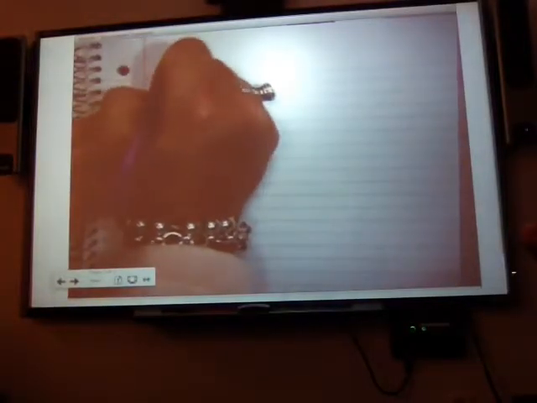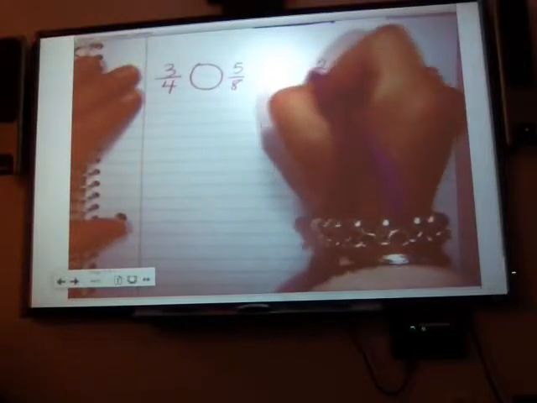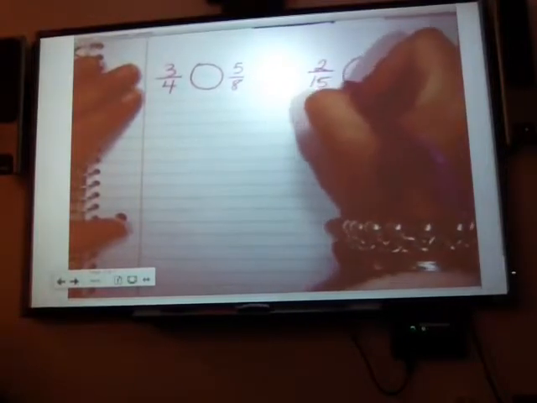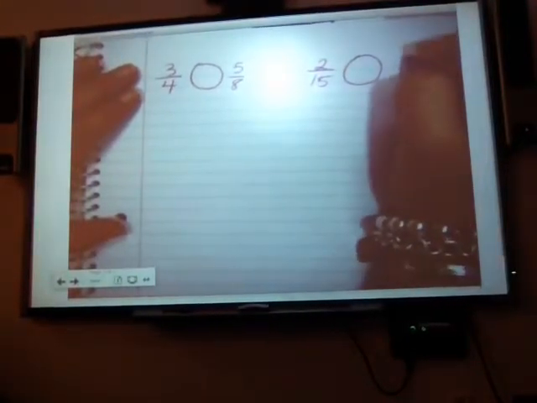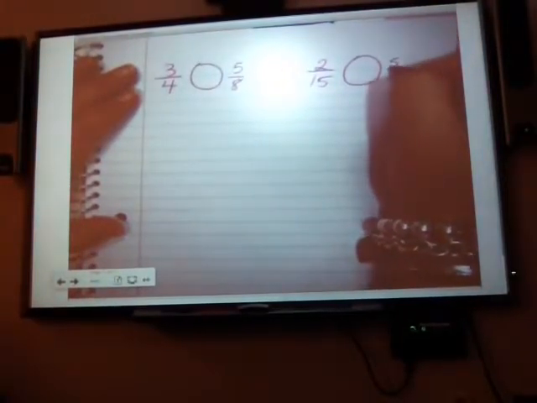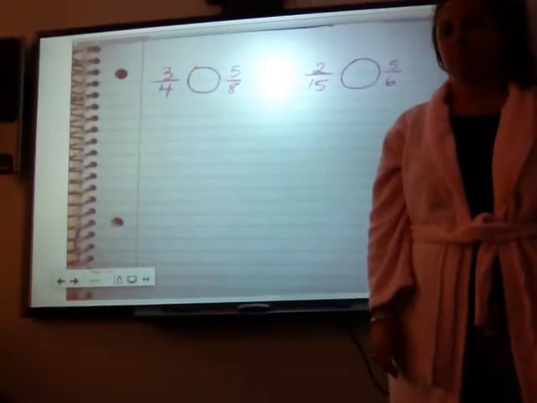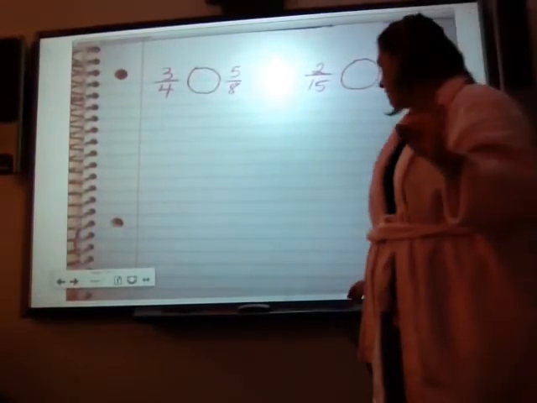All right, 3/4 greater than or equal to 5/8, as well as 2/15 is greater than, less than, or equal to 5/6. Stop. 3/4 and 5/8.